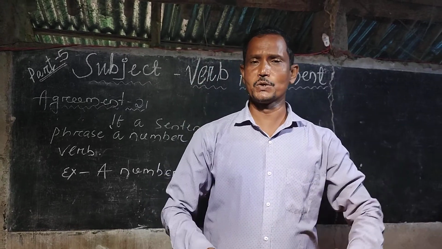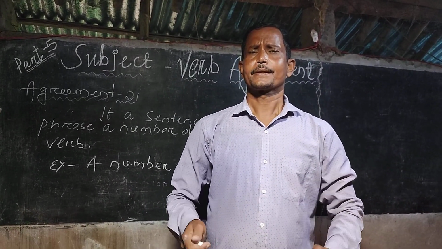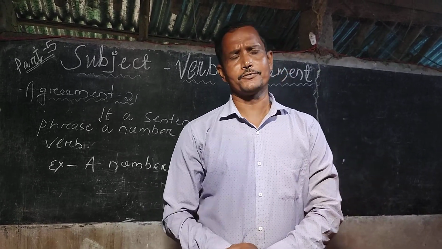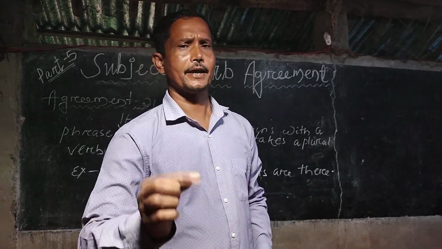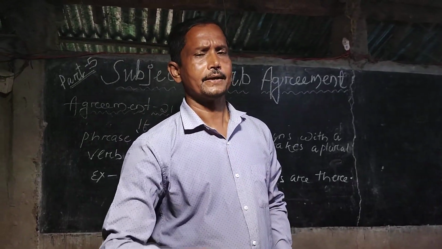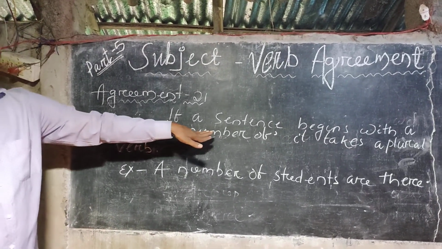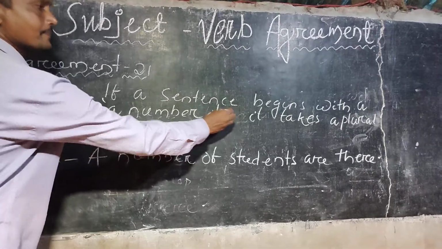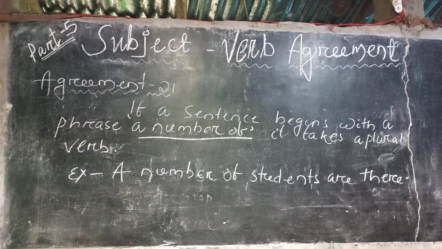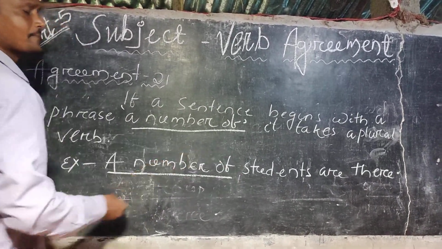Agreement number 21 is about the use of "a number of." If a sentence begins with the phrase "a number of," it takes a plural verb. Example: a number of students are there.